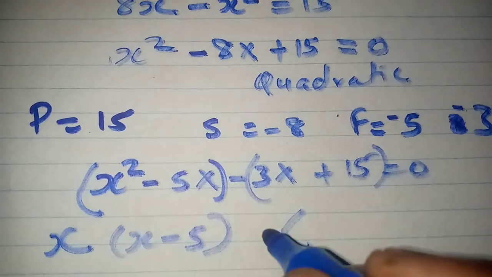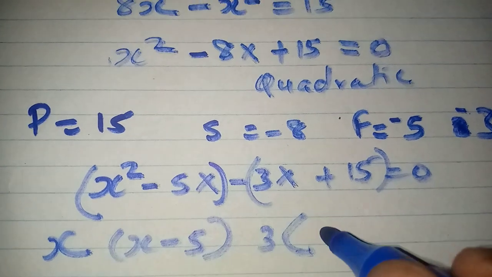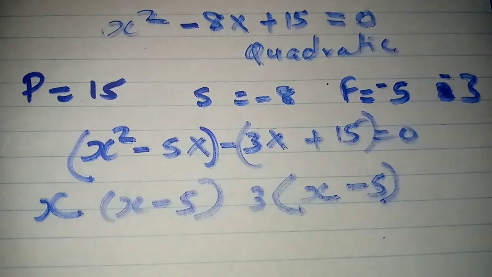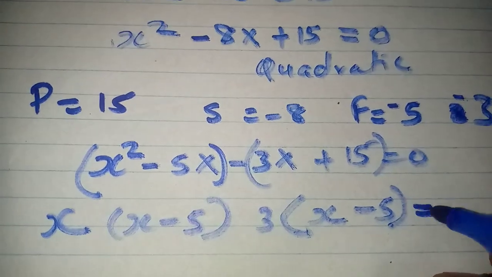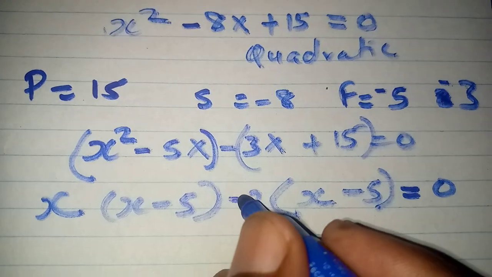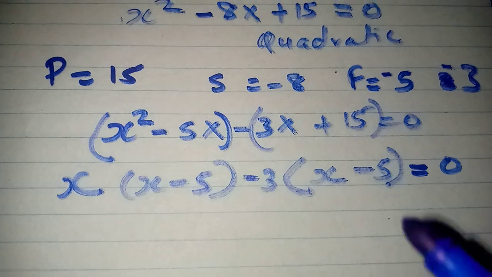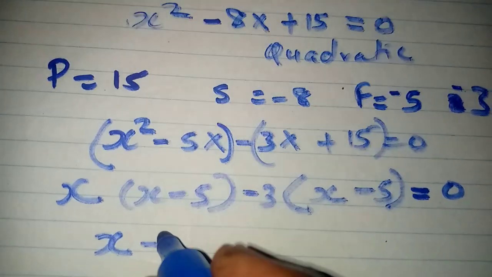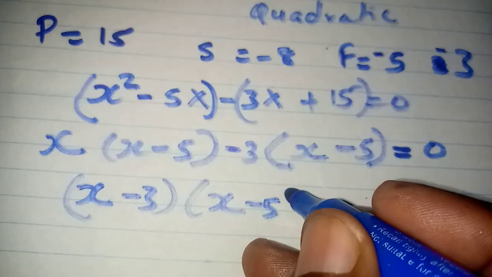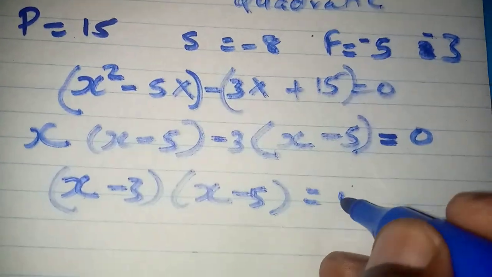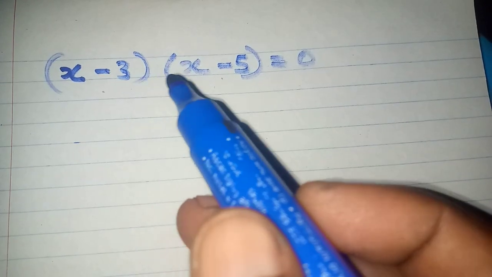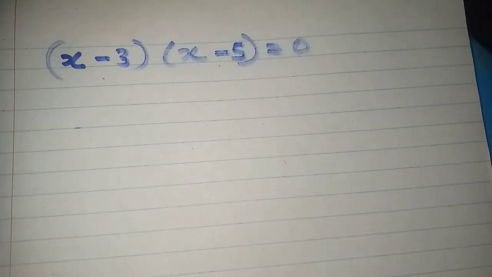On this side, if I factor out negative 3, I'll have x minus 5. Doing that, I'll have x minus 3, x minus 5 equals 0.